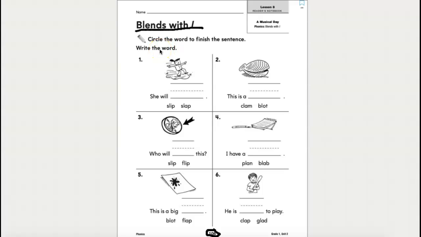So, what we will do first is look at the picture and then read the sentence and decide which word fits best in the blank to finish the sentence. So let's look at number 1. In our picture, what do we see? It looks like we see a girl who might be on some ice.